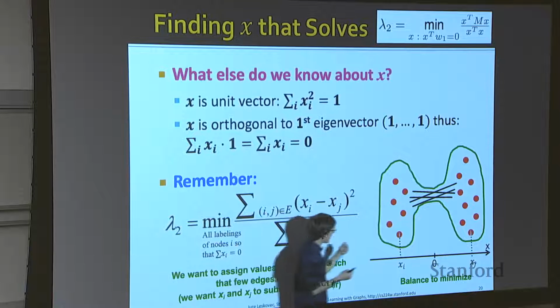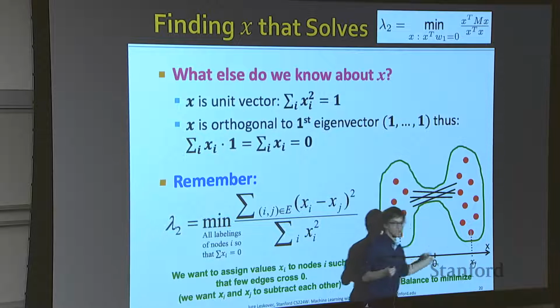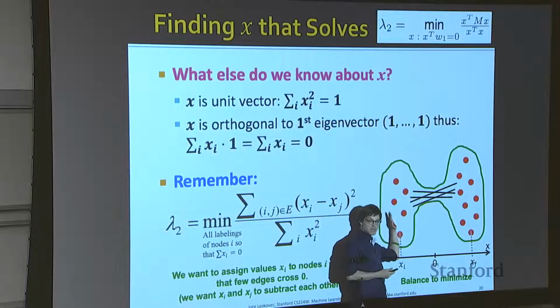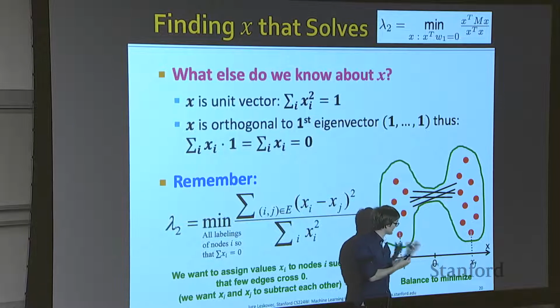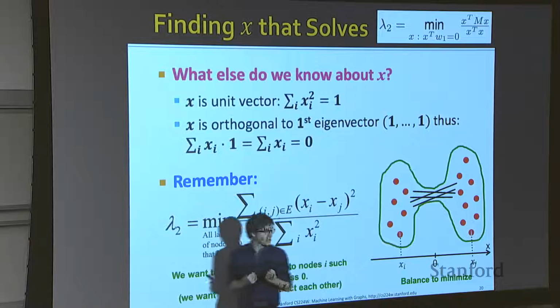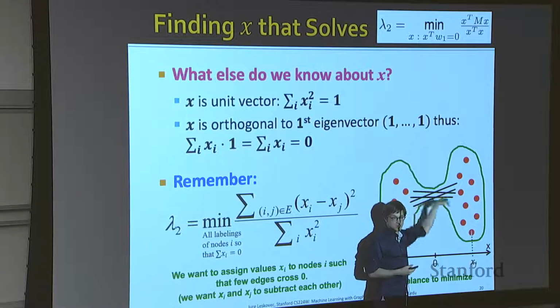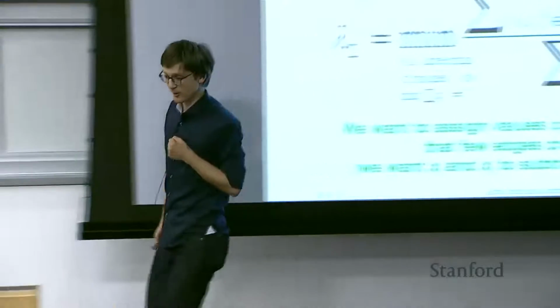So this thing will be large when I have an edge between nodes that have labels on different sides of 0. If the nodes are on the same side of 0, this difference will be small. So our goal is to assign values to nodes such that the fewest number of edges cross the 0 line. That's what this optimization problem is doing.